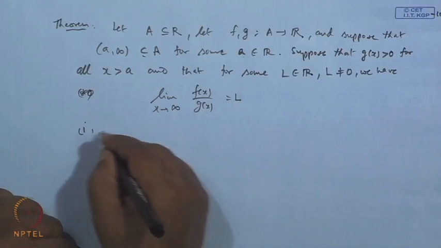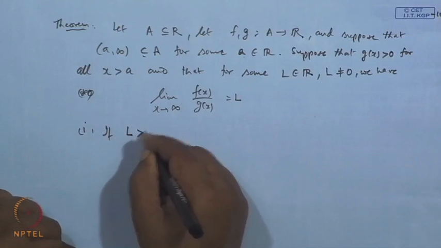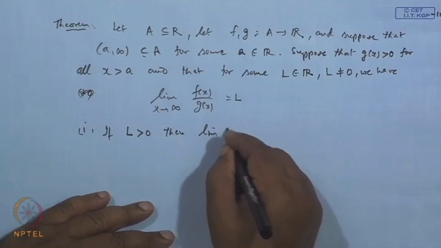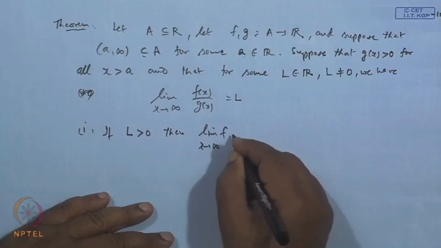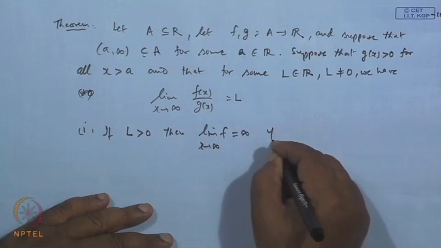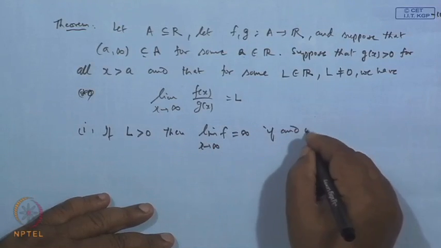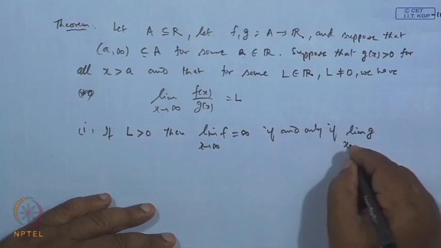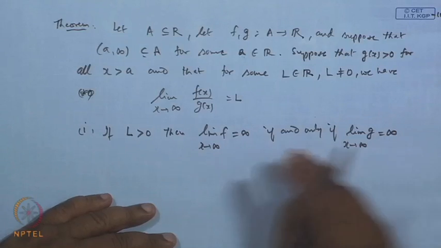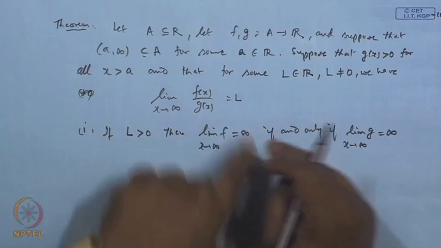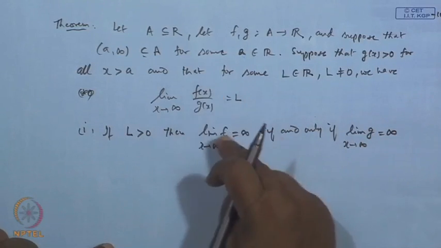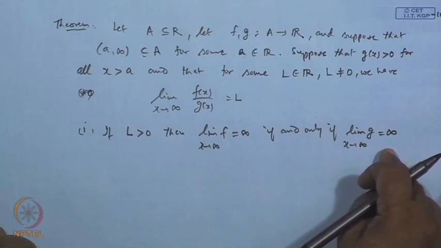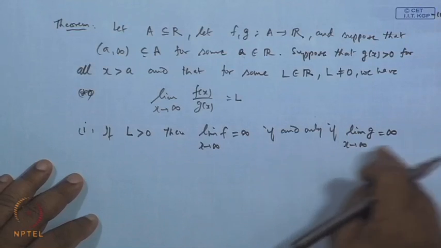So, the first condition says if L is positive, then the limit of f as x tends to infinity is infinity if and only if the limit of g as x tends to infinity is infinity. So, if L comes out to be greater than 0, then both these functions f and g, when x is sufficiently large, will be infinity.